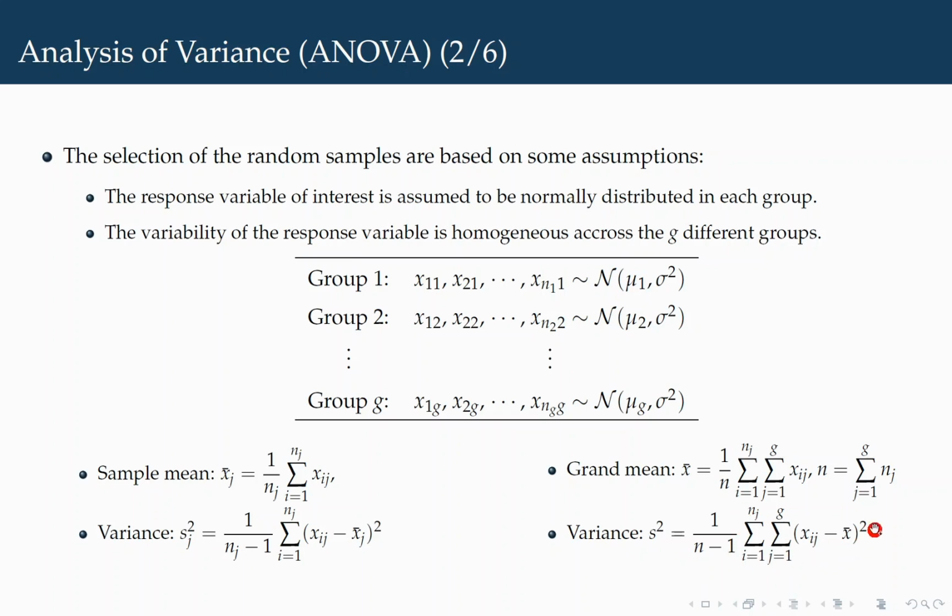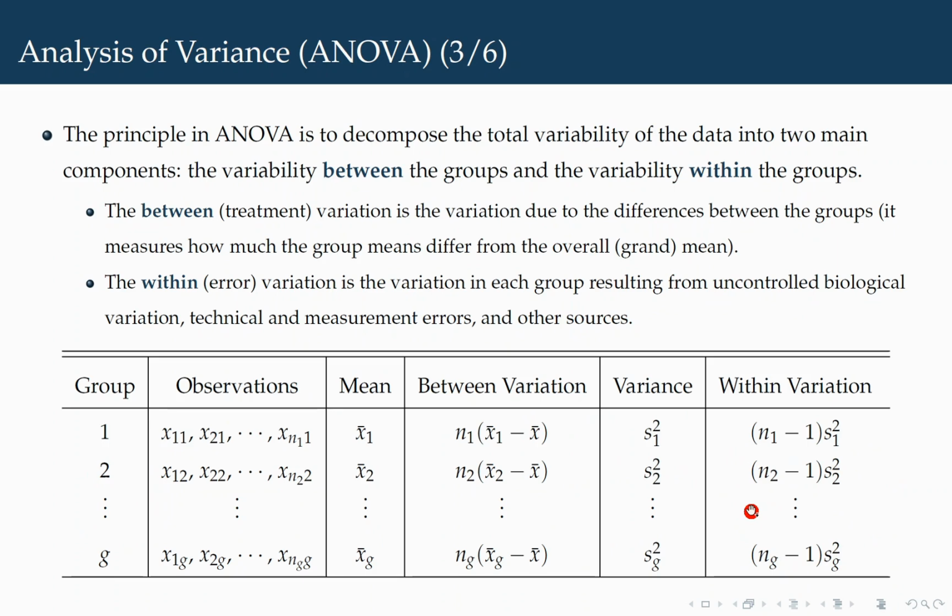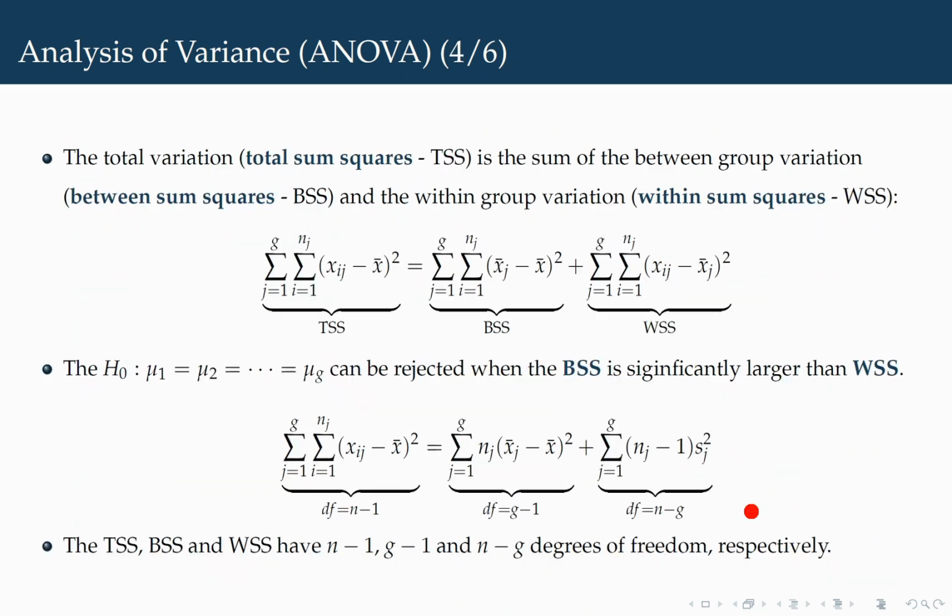So this total variation is going to be decomposed into two components. This is the total variation, which is the sum of the between sum squares and that of the within sum squares.